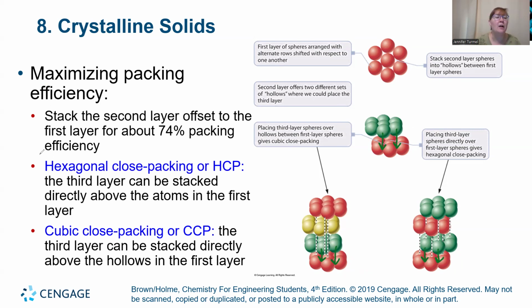Now, in our cubic close packing structure, you can see that this is still directly above some hollows here, because we're overlapping.